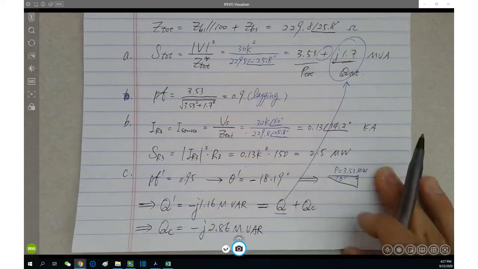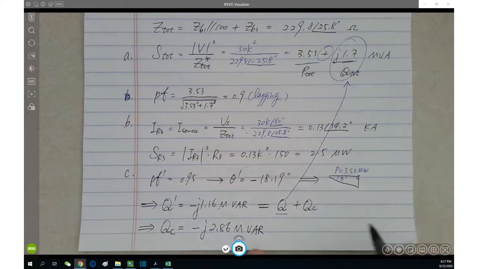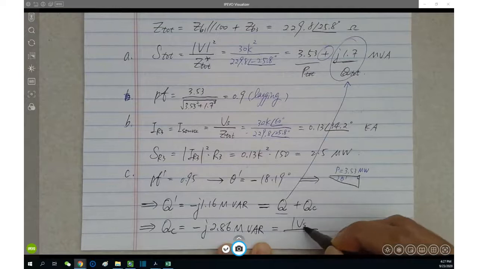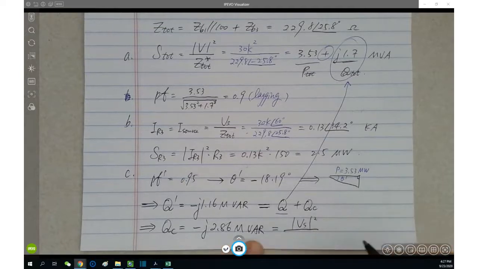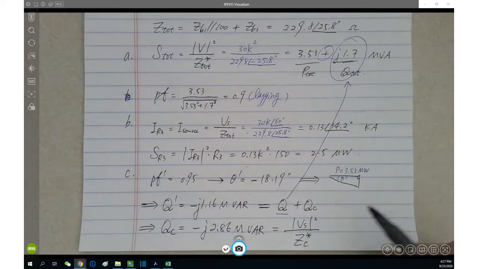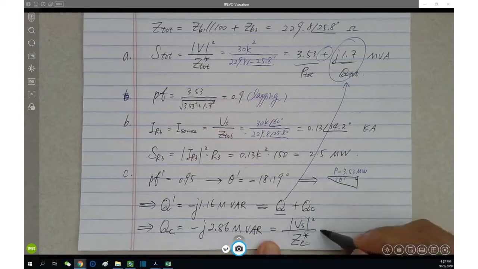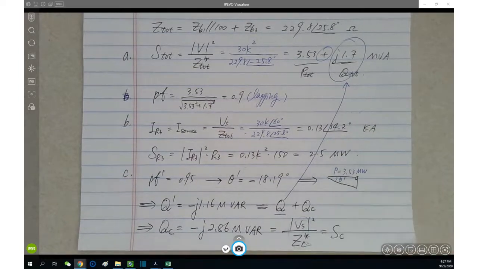Then you're looking for the corresponding capacitance value. This is the source voltage magnitude squared divided by the capacitor impedance conjugate. This is how we find the capacitor apparent power. Of course, it only has reactive power.